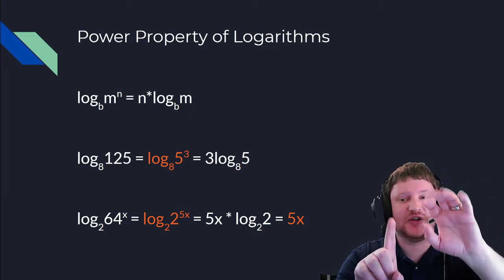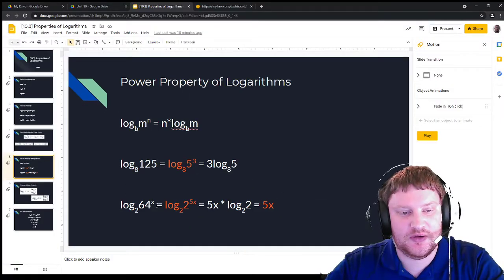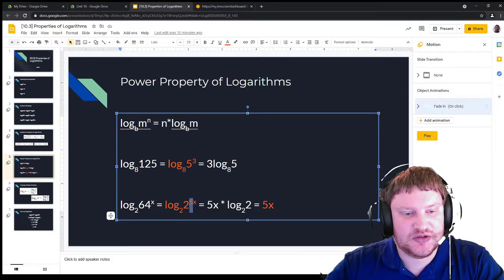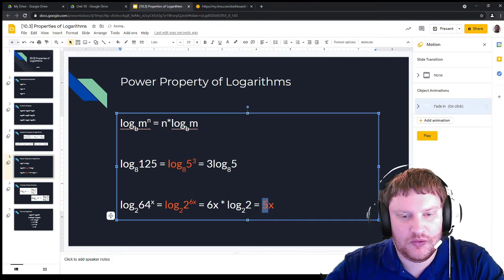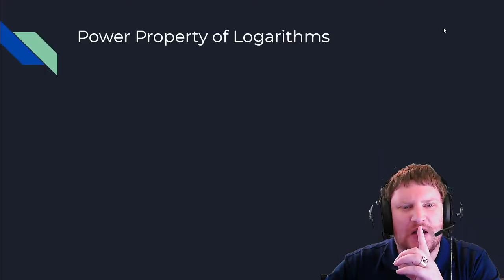So this is actually incorrect. I need to fix this, and I'll actually do that right here in front of you guys. Because 64 is not 2 to the 5th power, it's 2 to the 6th power. And now the people in class won't even know. Don't tell them.